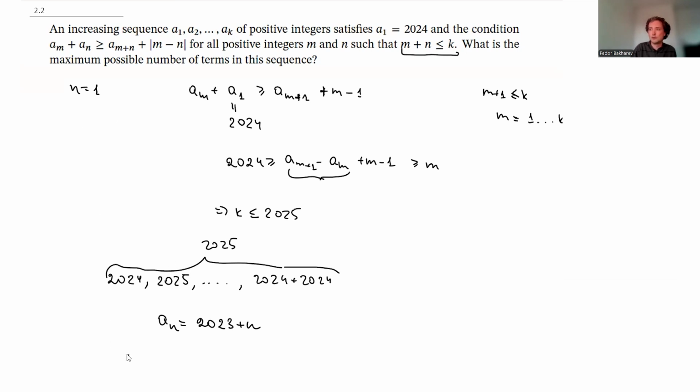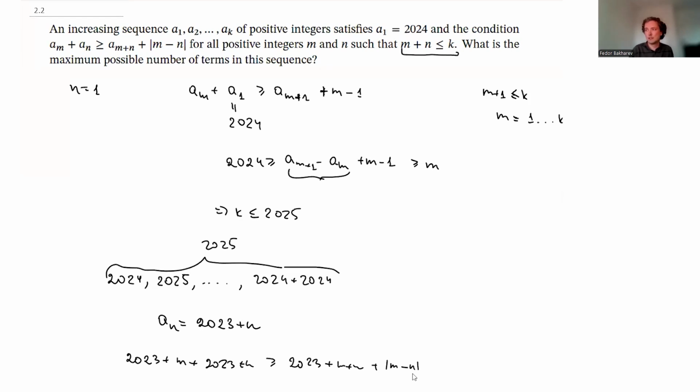So I should check that 2023 plus m plus 2023 plus n is greater than or equal to 2023 plus m plus n plus the absolute value of m minus n.